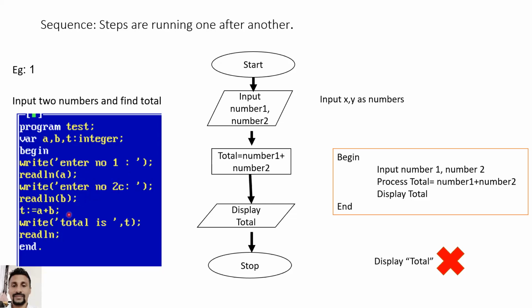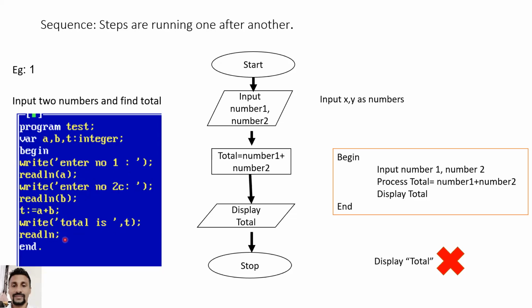So a plus b. Then you are going to display the total with the words total is. Whatever comes into this variable will be displayed with total is. Total is 15, total is 30, like that. You are getting the value. I have used readln here.